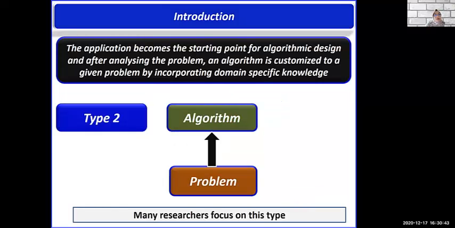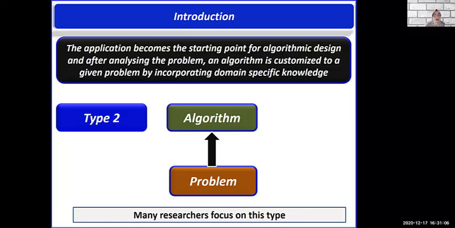The second type is the application becomes the starting point for the algorithm design, and after analyzing the problem, an algorithm is customized to given problem by incorporating domain-specific knowledge. So we start with the problem, then we identify a suitable algorithm to solve this problem.